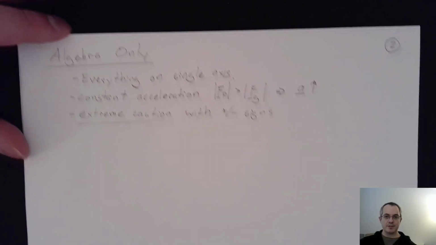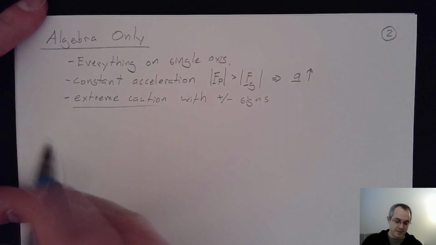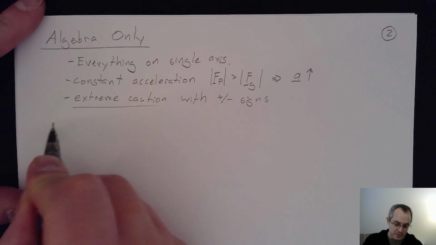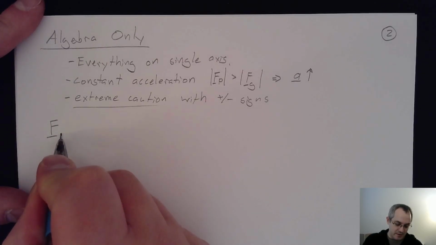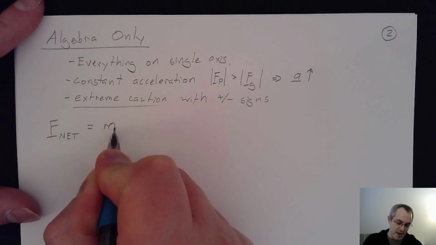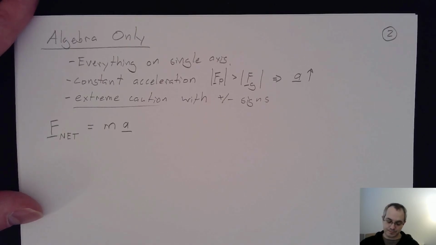Okay, so like I said, we're going to start with F equals ma. When we do F equals ma, remember that the F is the net force. That's equal to the mass of the object times the acceleration of the object.